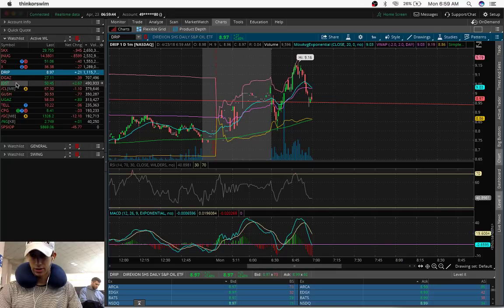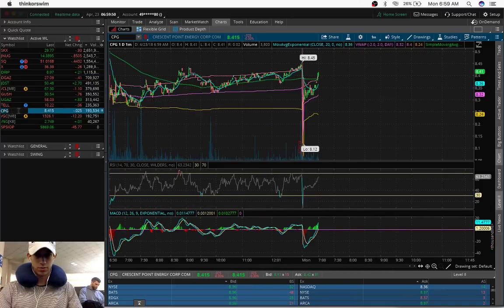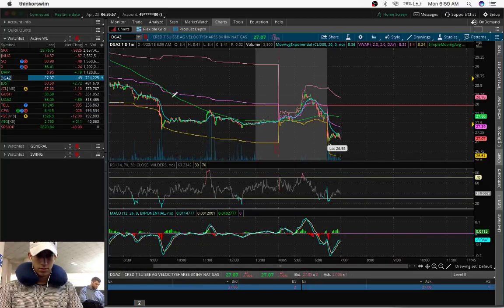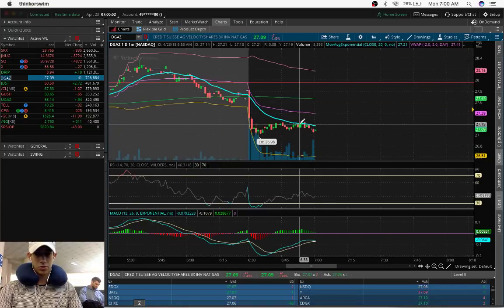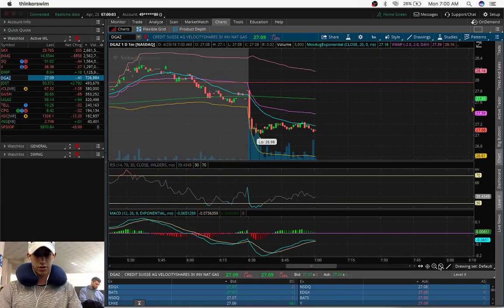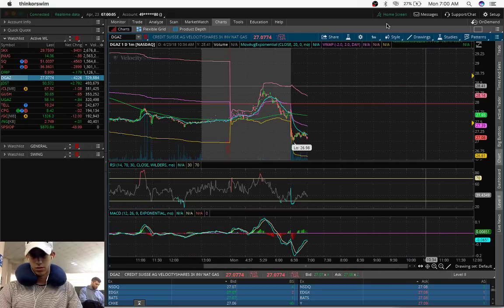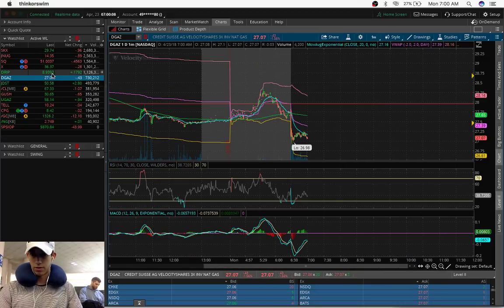JDST is not actively pushing up too aggressively anymore. CPG is pushing up, so that's a pretty good sign. The gas just got rejected by that EMA, so it's getting closer to that $27 support. So yeah, something to look out for.